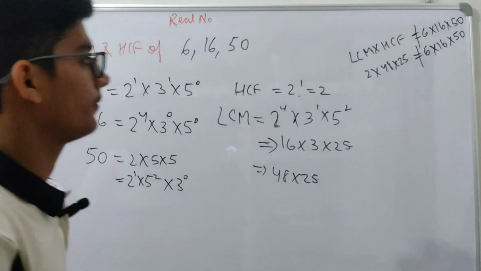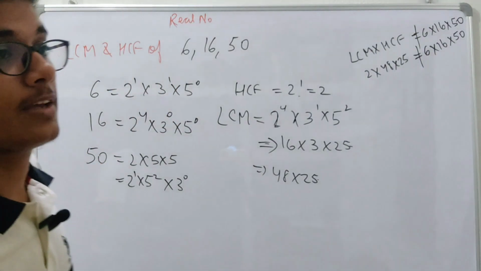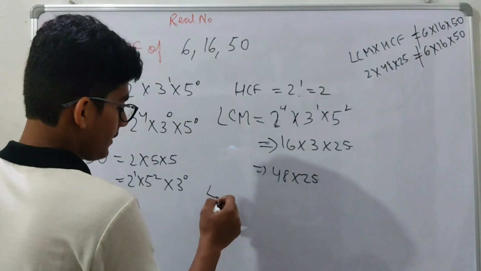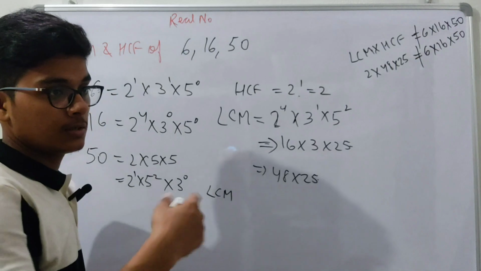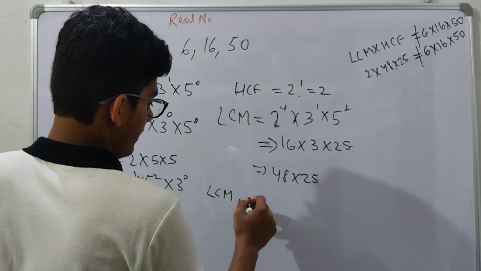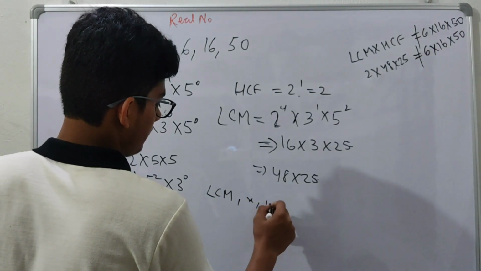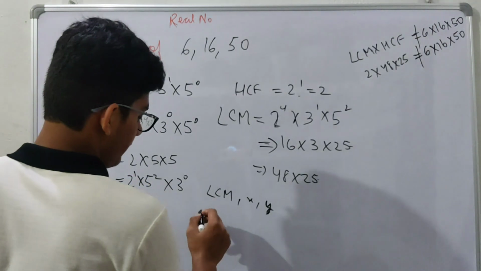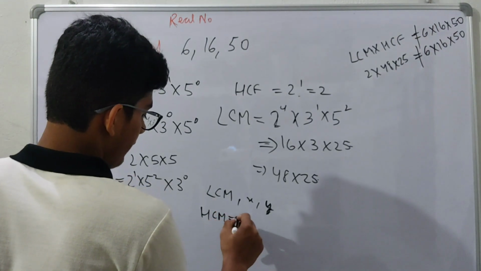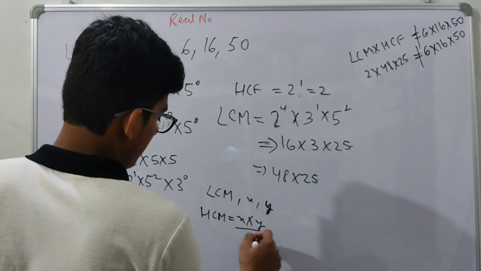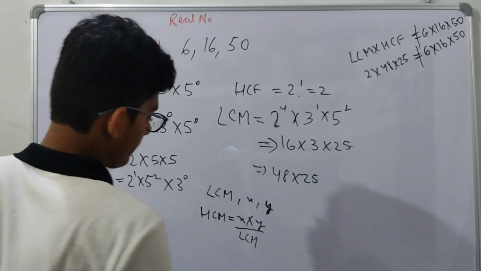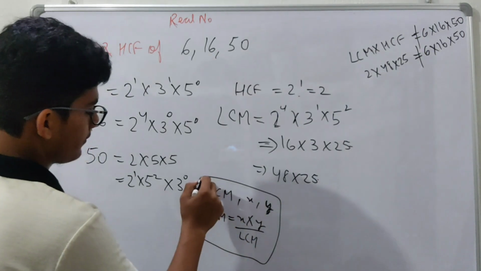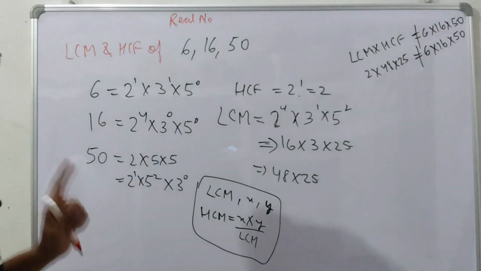This is not a process of finding HCF if LCM is given in the case of three numbers. In the case of two numbers, if the two numbers and the LCM are given, we can easily find HCF by x into y divided by LCM. But in the three number case, we cannot find it by this method.